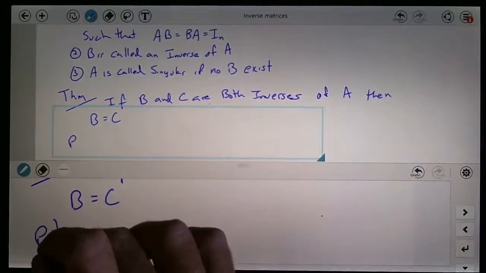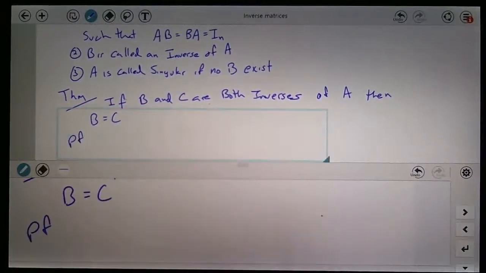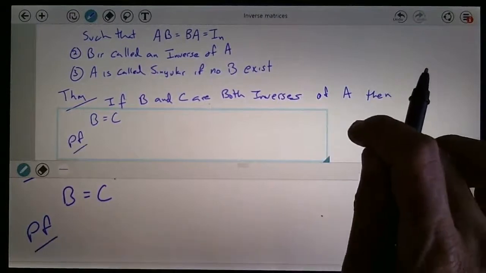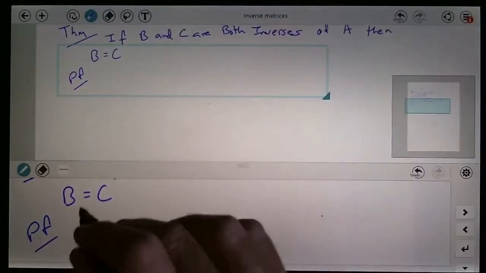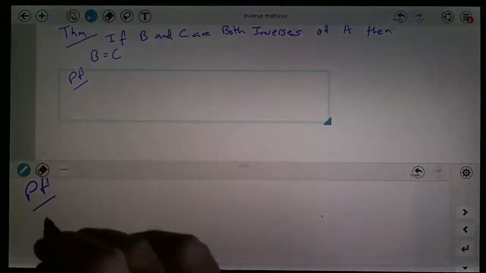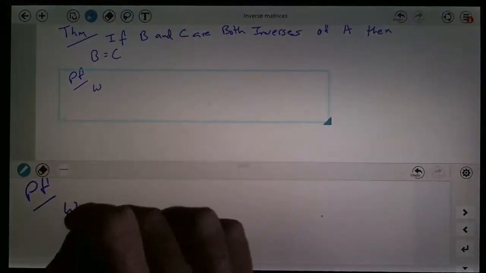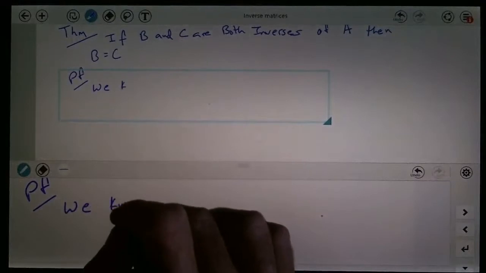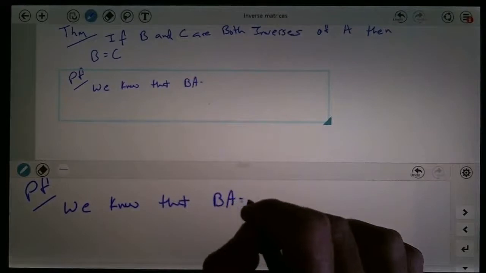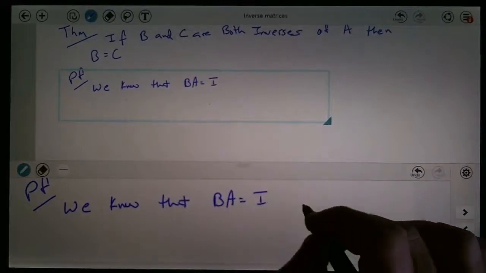So let's do it here. Proof. I'm going to point out that since I know that B is an inverse of A, we know that B times A is equal to an identity matrix.